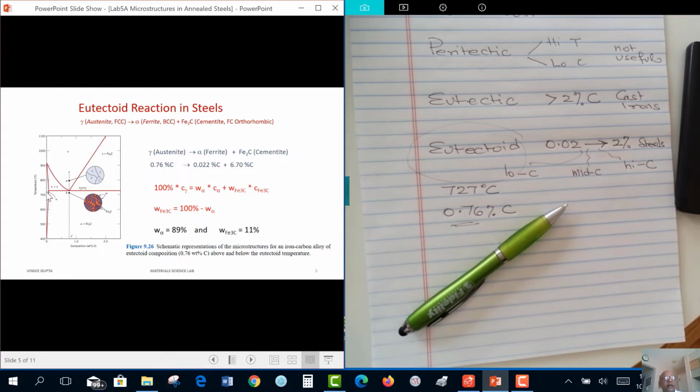So in your phase diagram portion of the course, you have been taught how to read this. You draw a tie line. So we started with 0.76% carbon. By drawing the tie line, we find out the composition of the ferrite is 0.022% right here, and cementite, which is 6.7%.